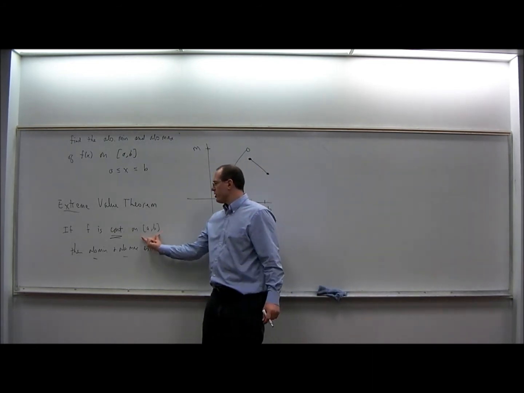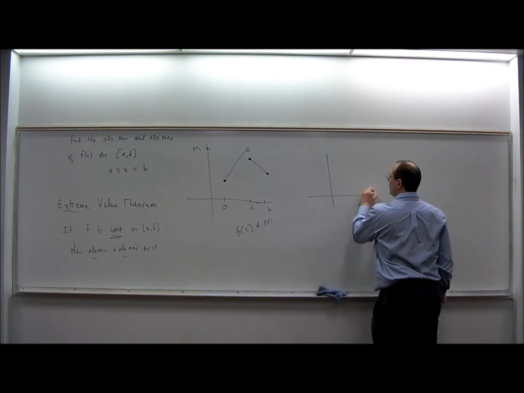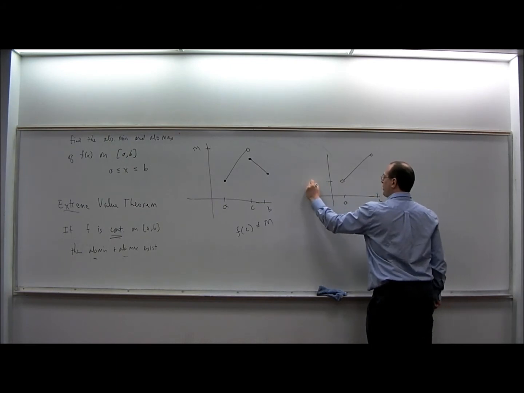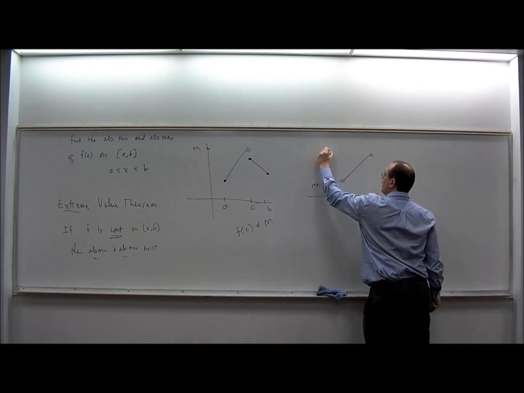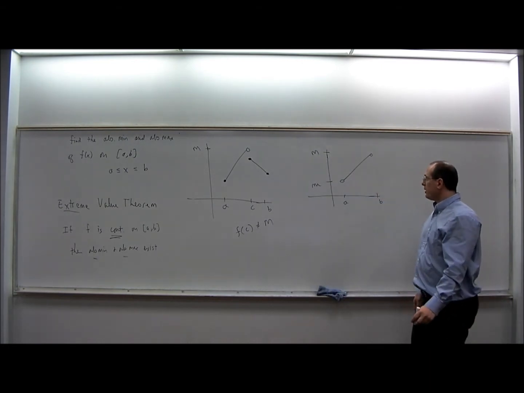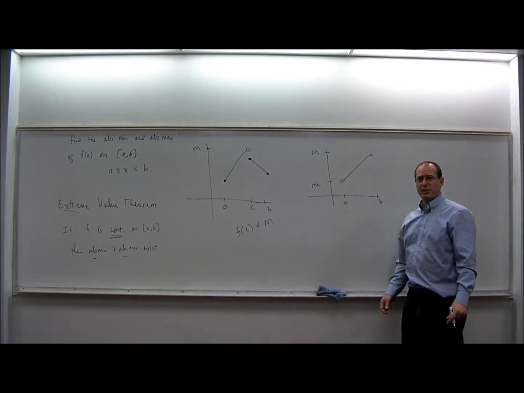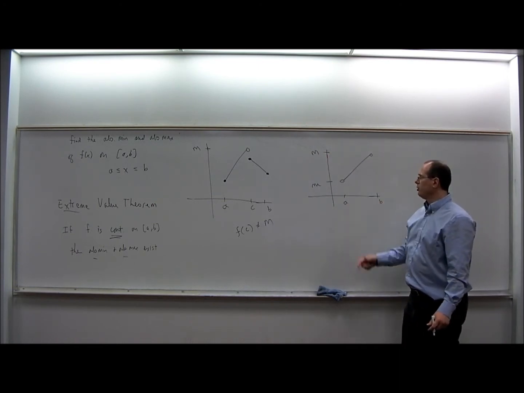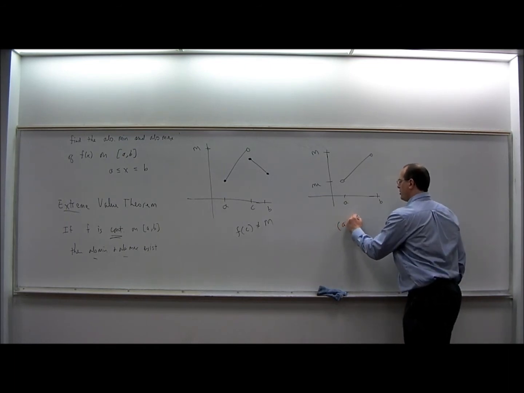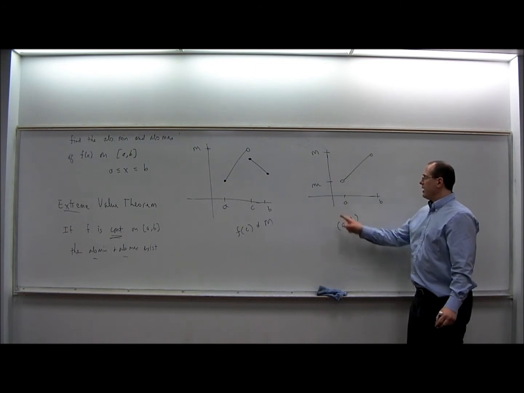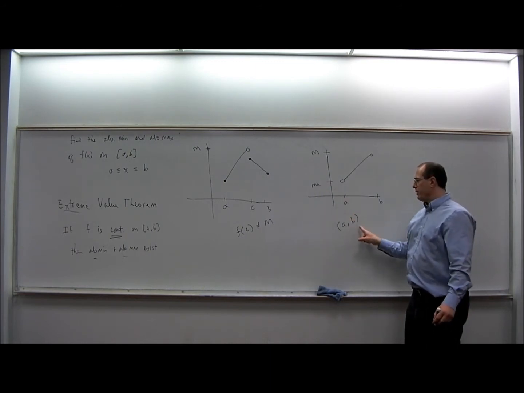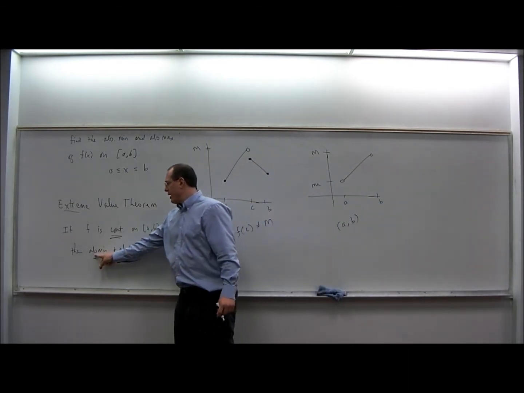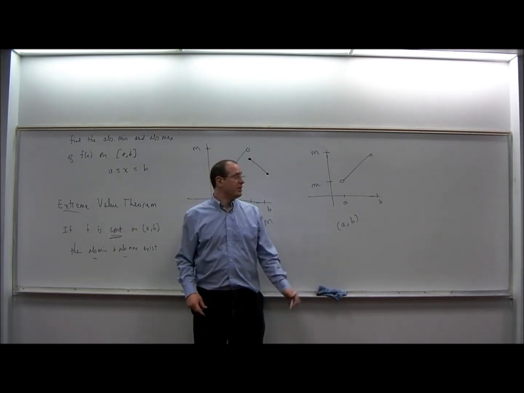The closed interval part is also necessary. You can draw a simple function like a line, and if you don't include the endpoints, let's make this one lowercase m, and let's make this one uppercase M. This function, we would like to say that the minimum is lowercase m and that the maximum is uppercase M. But because the domain did not include the endpoints a and b, I'm looking here at the open interval a to b, then m is actually not a function value on the open interval, and neither is capital M. And so both the absolute min and the absolute max do not exist in this situation.